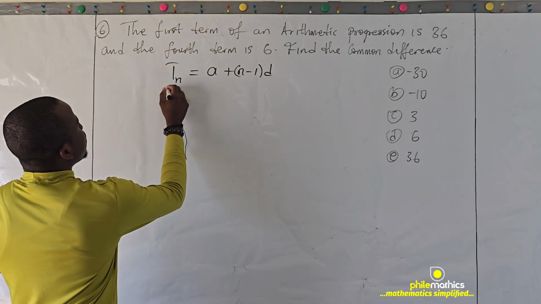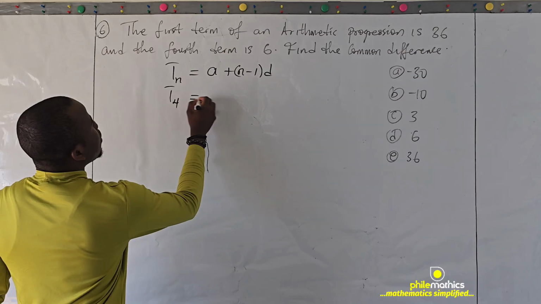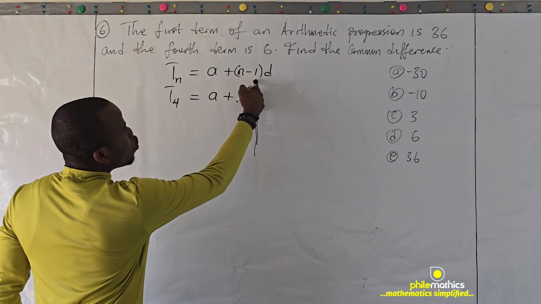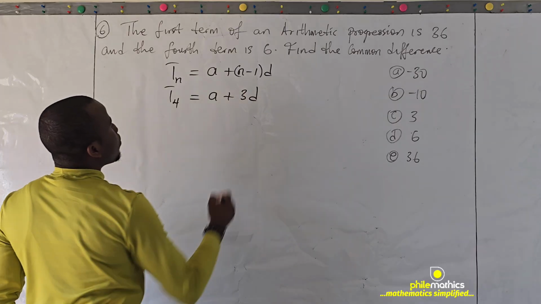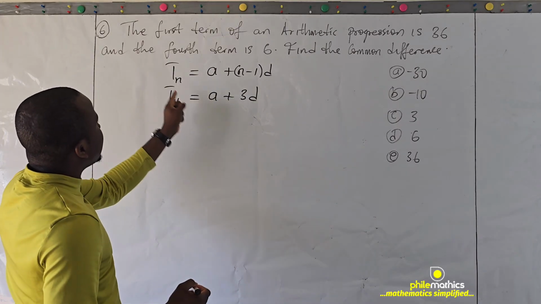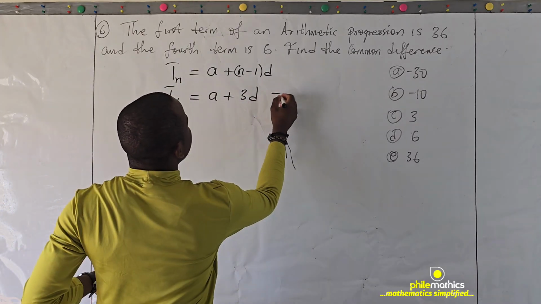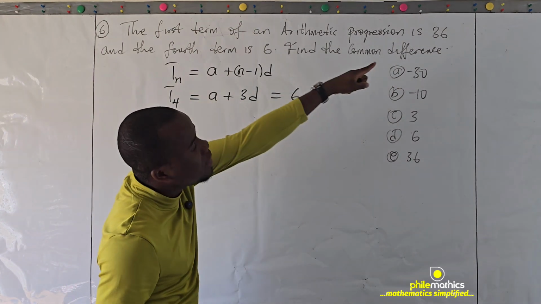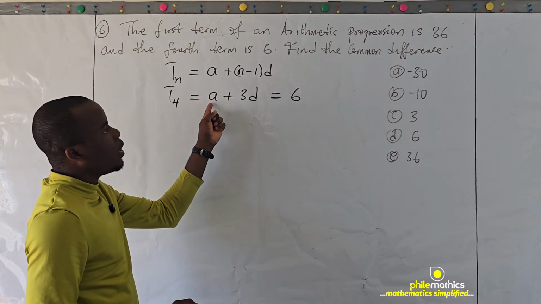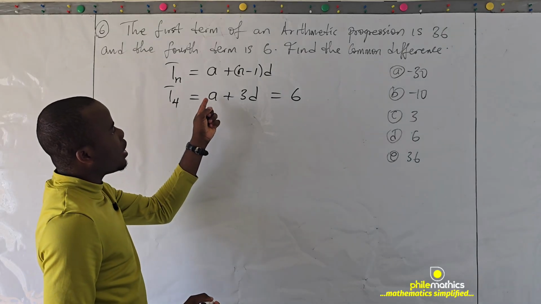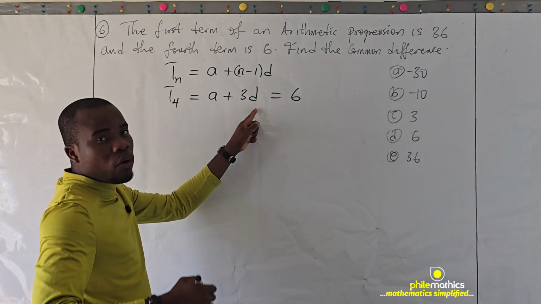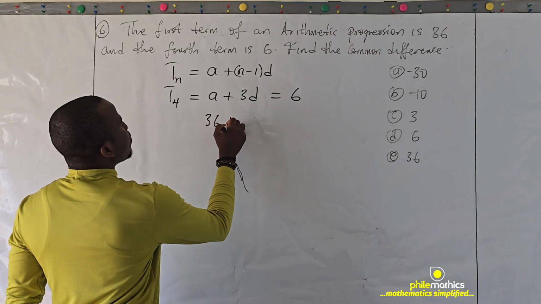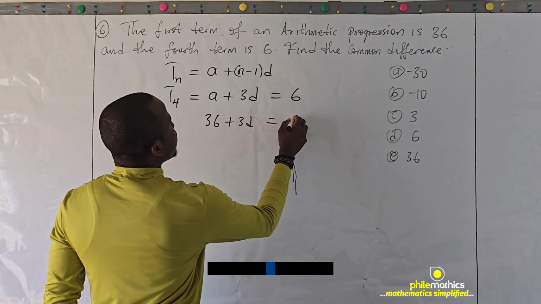Fourth term means T4 is simply A plus 4 minus 1, 3D. We're already told that the fourth term is 6. Now, we are given that the first term is 36. So we substitute A as 36 because A stands for first term and D stands for the common difference which we are looking for. So 36 plus 3D equals 6.